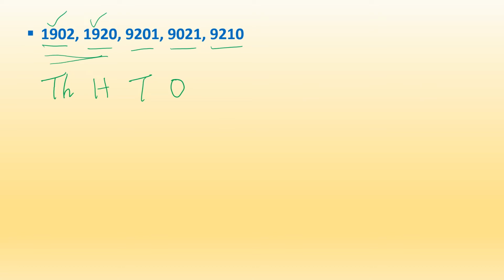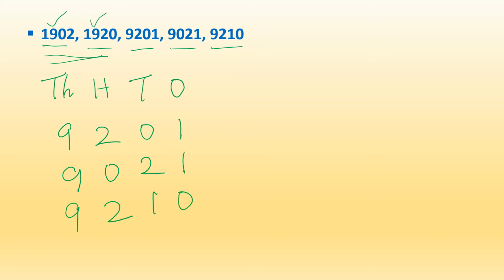So now you are limited to 9201, then 9021 and 9210, right? So how do you do the comparison now? Again you start from the leftmost place. So here again you see that all the digits given in the thousands place are the same.